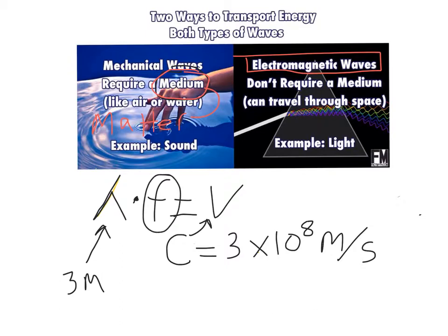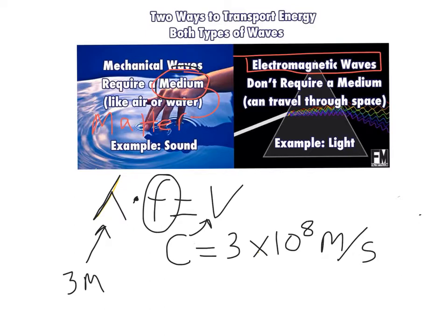Simple algebra says we would divide 3 by c, 3 times 10 to the 8th, and that would give us our frequency. And that's how many times this wave is passing in a given second. And obviously the frequency would be a very small number, because 3 divided by this massive number.